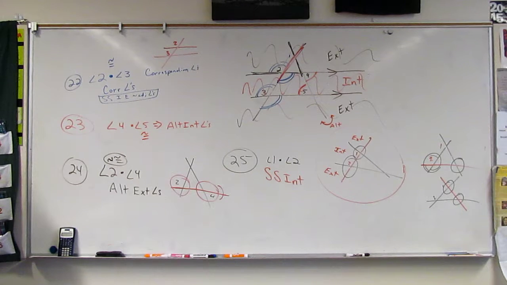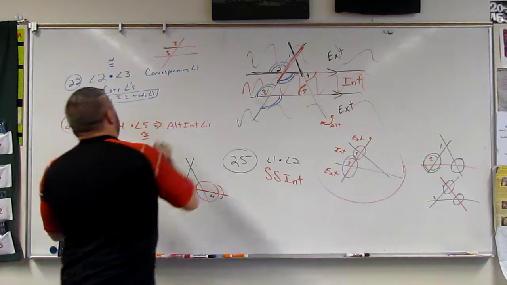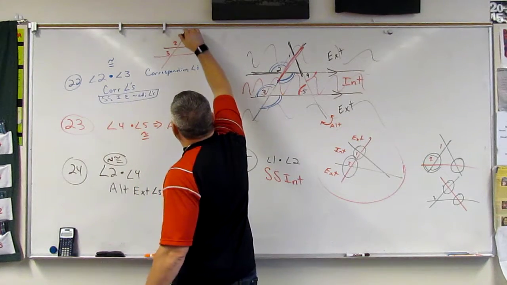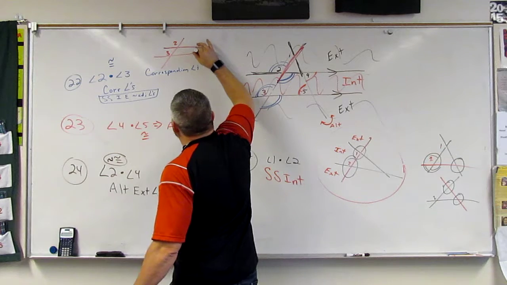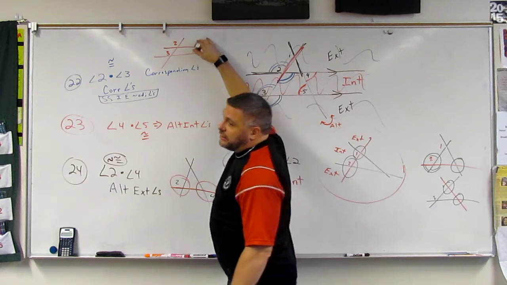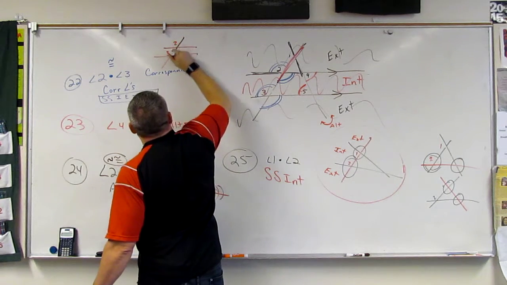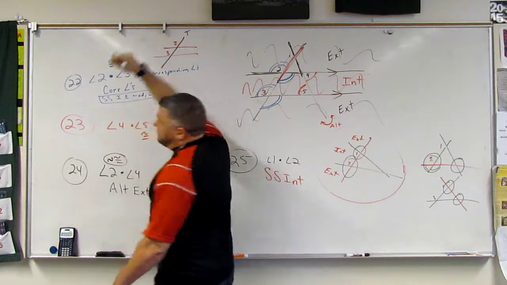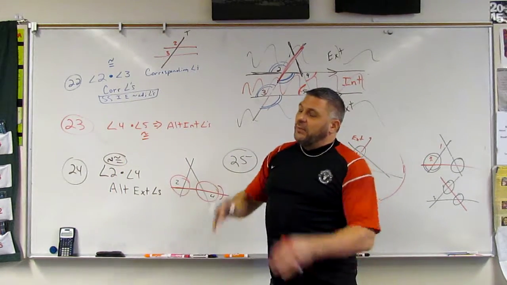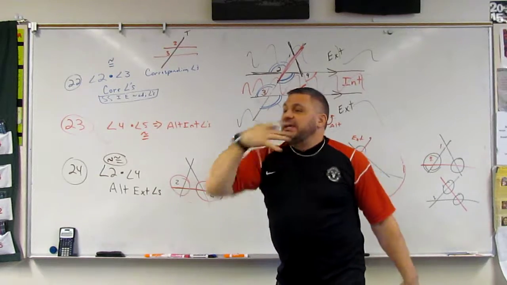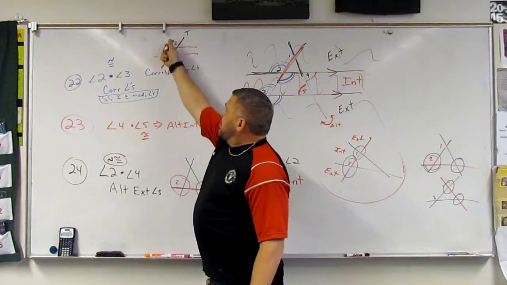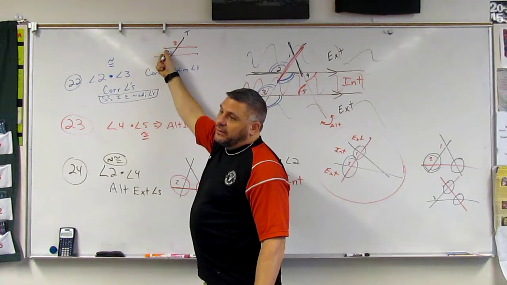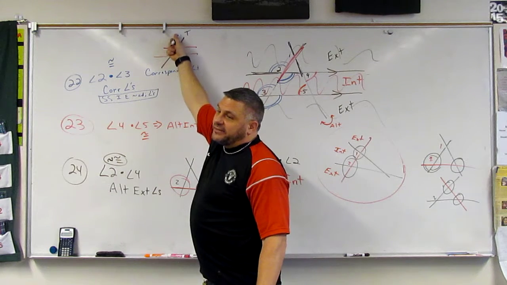We don't know what the transversal is, except we know that the transversal touches both angles. So which one of these lines touch both angles? This one, or this one? The line that's going. This one, right? So that becomes our transversal. And once that's our transversal, we can name it. Corresponding. Because one's inside, one's outside.